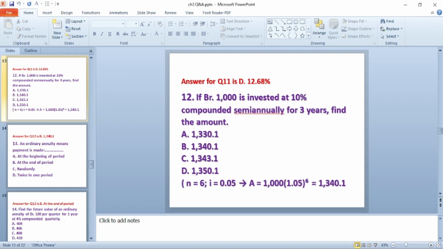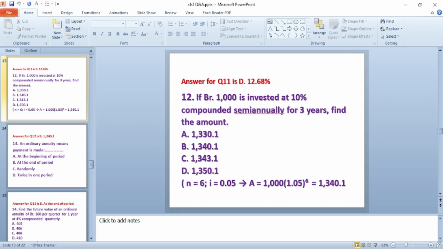Question number 12. If birr 1,000 is invested at 10% compounded semi-annually for 3 years, find the amount. So the amount is equal to present value times 1 plus the rate, to the power of T times the rate.